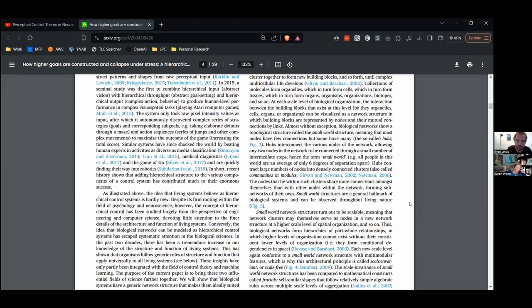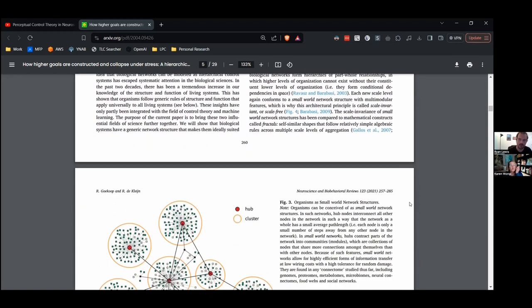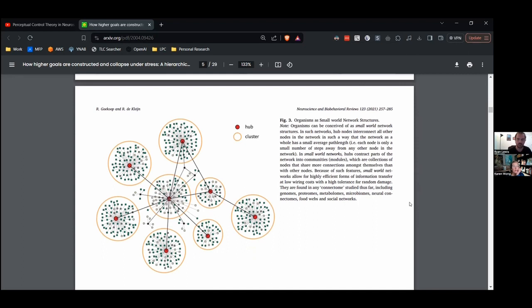Because there's a lot here. I'm just showing the diagrams because that's easier to grasp. But he starts talking about these things called small world networks, which basically is like, given any network, imagine a whole bunch of people on the internet. Not every person interacts with every other person, right?